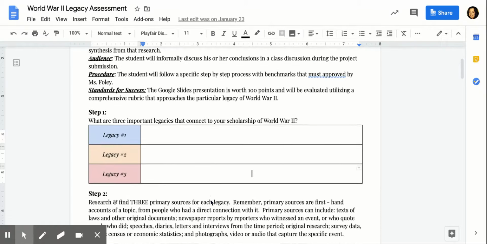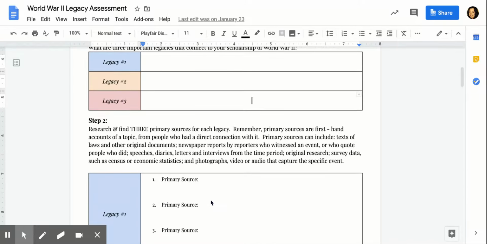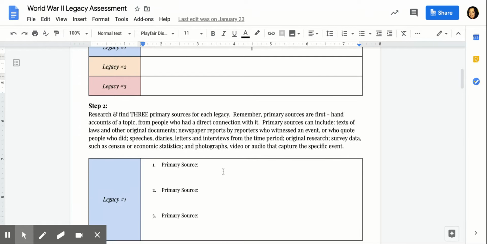Then for step two, you need to find three primary sources. Remember, primary sources are first-hand accounts or topics or anything like that that have to do with your legacy. So for the first legacy, if I chose the Battle of Stalingrad and typed it here, then over here maybe I'm going to put a photo of the Battle of Stalingrad.